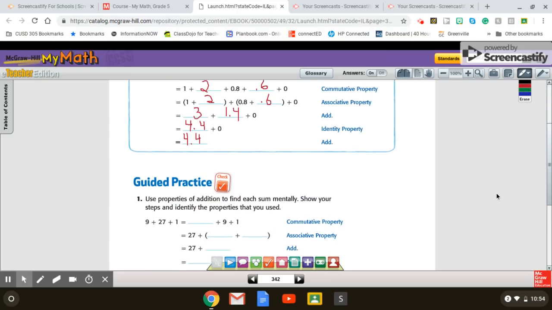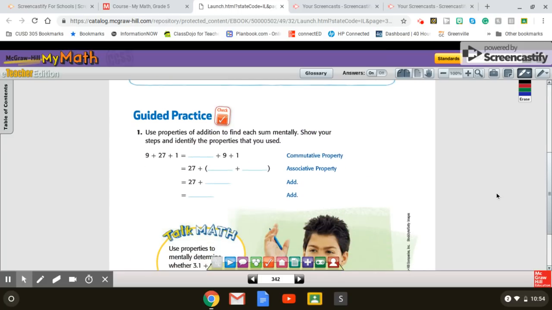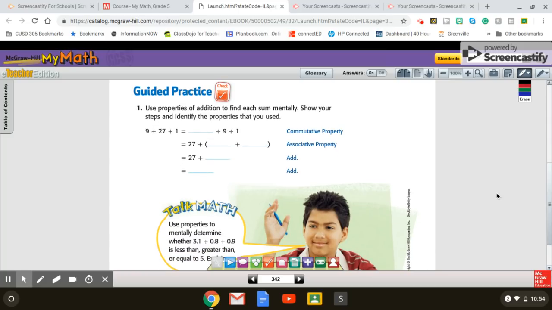All right, guided practice here. We're going to use the properties of addition to find the sum mentally, and we're going to show the steps. When you look at 9 plus 27 plus 1, what is missing that goes on this line? Correct, 27. So 27 plus 9 plus 1.